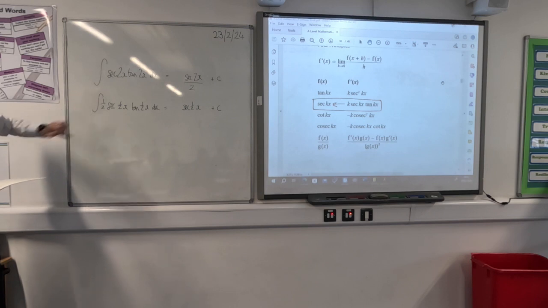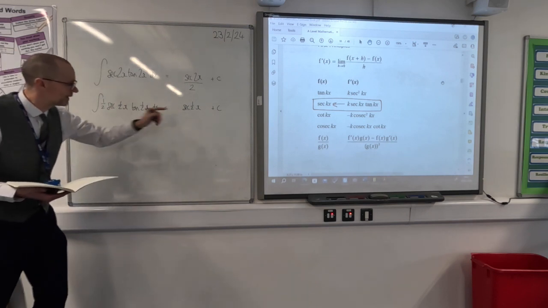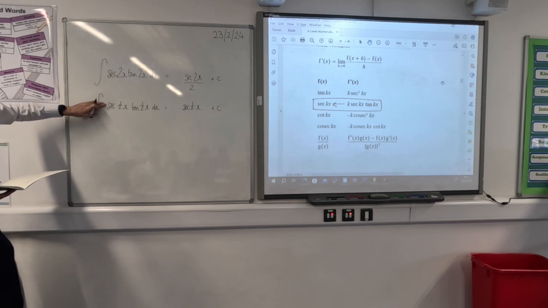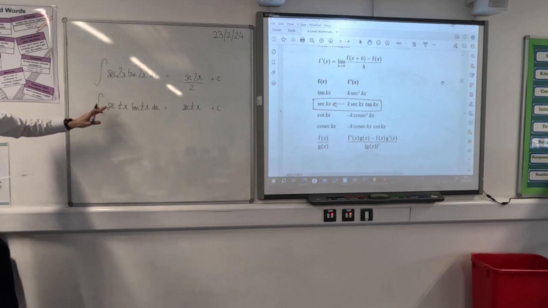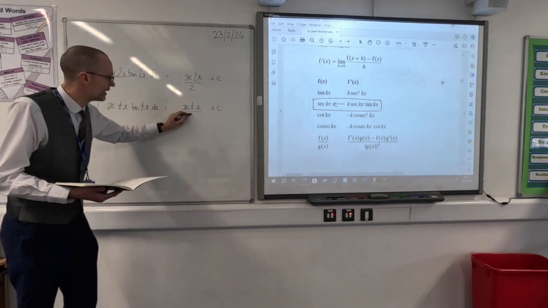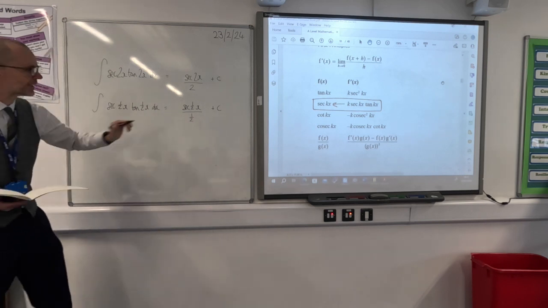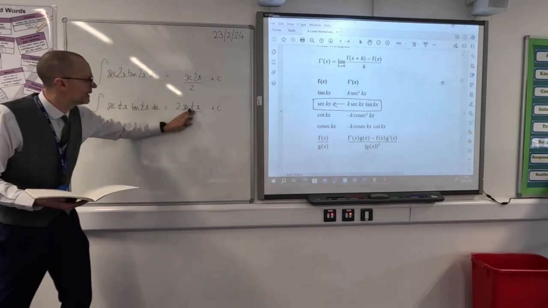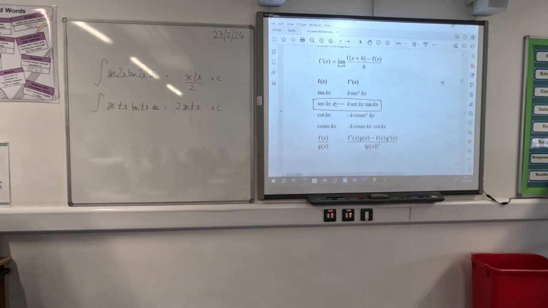So if there was a half there, that would be the answer. If we take away that half, we've divided it by a half. So the answer needs to be divided by a half, which is the same, hopefully you remember, as multiplying by 2. So that would be the answer to that one there.